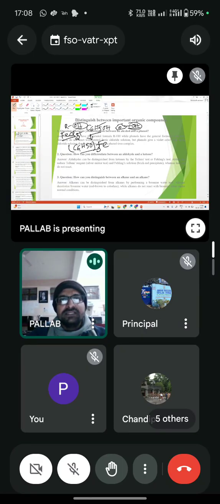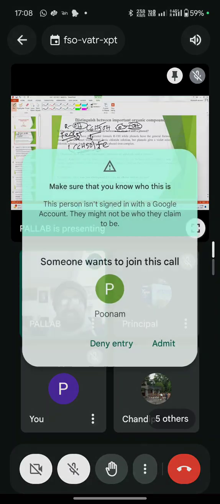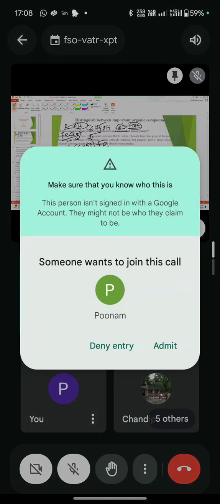That means this color will form when ferric chloride reacts with phenol. But FeCl3 does not react with alcohol.